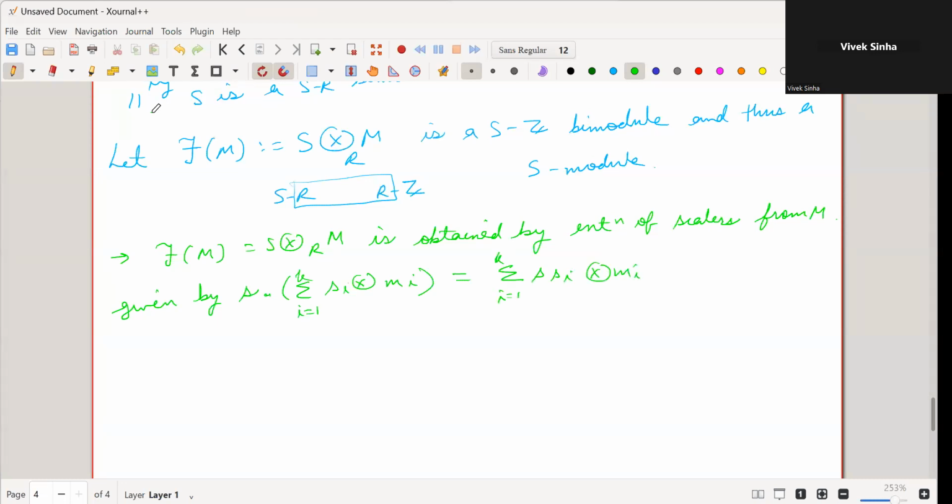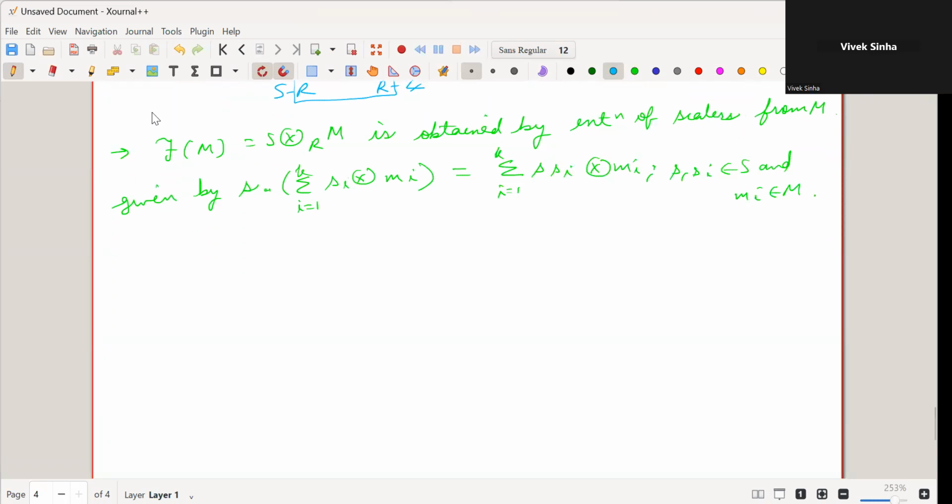So this is an element of S, this is an element of S. So s s_i will be an element of S, and m_i is an arbitrary element of M. So this will belong to S tensor M, and the linear sum will again belong to S tensor M. So this is how the extension of scalars is coming into the picture.